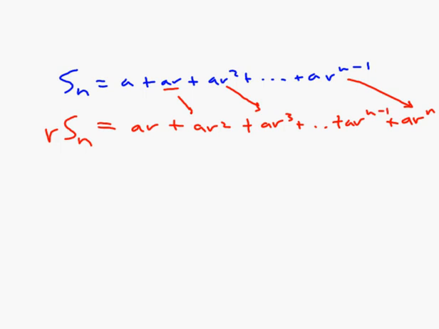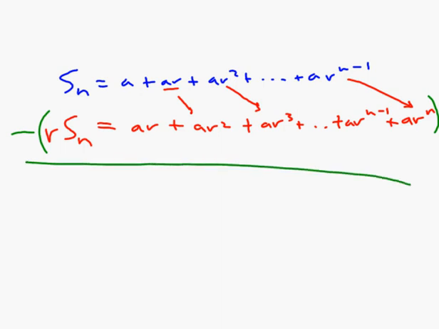Okay. So again, you might think, I'm not so sure why you did that. Well, watch this. Now I'm going to subtract. And if I do this in a clever way, things are going to work out for me. So on the left, you're going to notice Sn minus rSn. And on the right, I'm going to subtract very carefully.